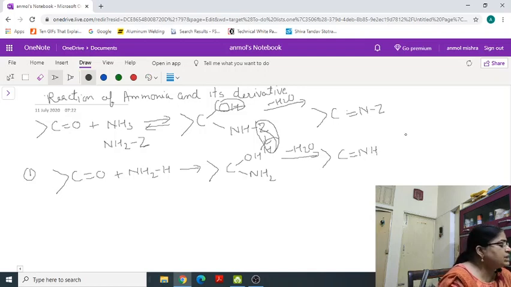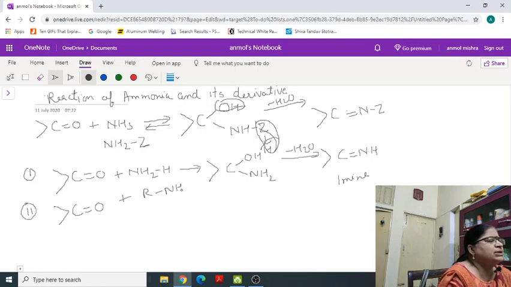It forms imine. Second compound we can take the example is amines, RNH2.